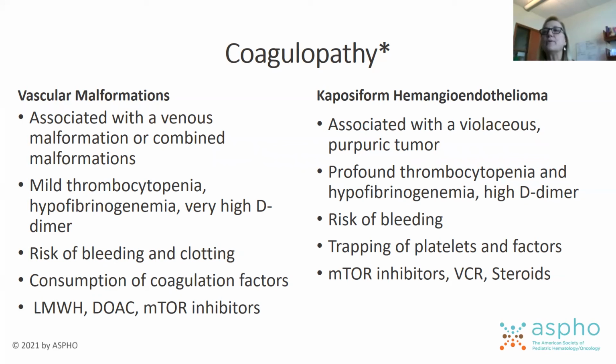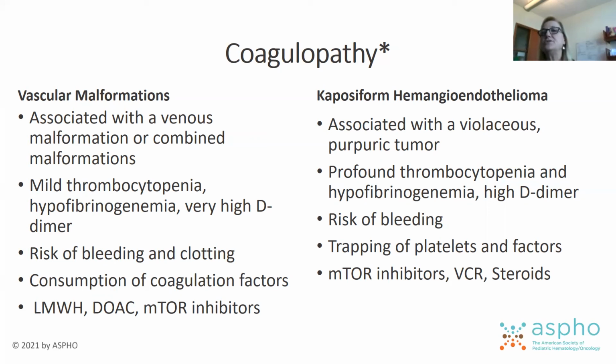They're not as purpuric, they're not as indurated, they're more diffuse. KHE has profound thrombocytopenia and hypofibrinogenemia and high D-dimers, and sometimes the PT and the PTT are normal, versus vascular malformations that have mild thrombocytopenia, hypofibrinogenemia, but not as low, and they have very high D-dimers.